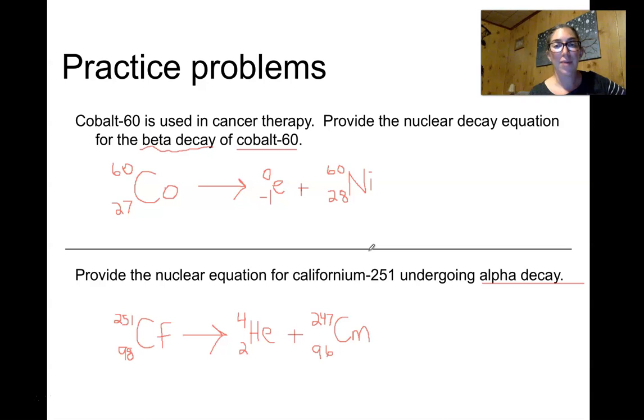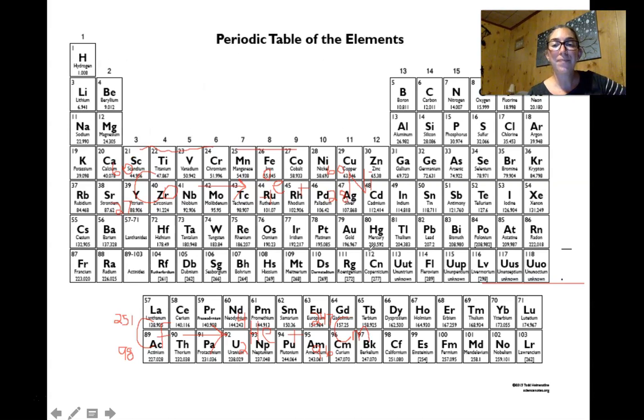So there's a couple of practice problems for you. Oh, I forgot I had animated this periodic table in so we could find these things. Well, anyway, here's californium for you. And it turns into curium. So much for those animations.